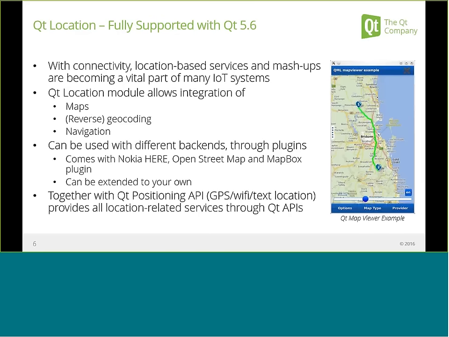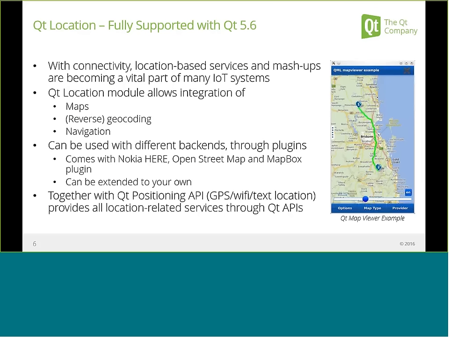Then Qt Location, we had this as a tech preview with Qt 5.5. Now it's fully supported. So Qt Location is one of those old mobility APIs that we had back in Qt 4. Well, in Qt 4 we had a combined API for GPS and maps.